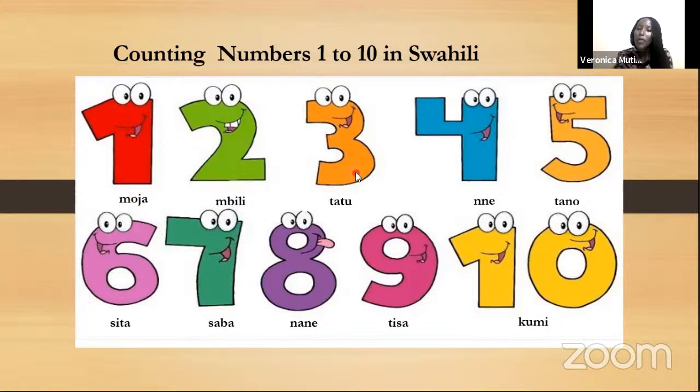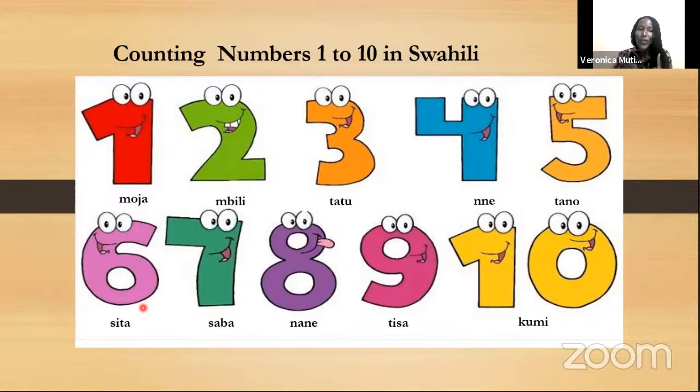Perfect. And then we go to nne, tano, sita. Nne for 4, tano for 5, sita for 6. Nne, tano, sita. Frank, nne, tano, sita. Yes, very good, Shannon.